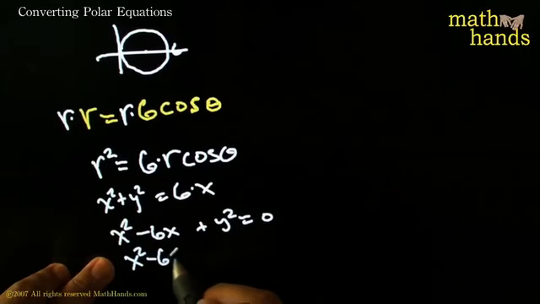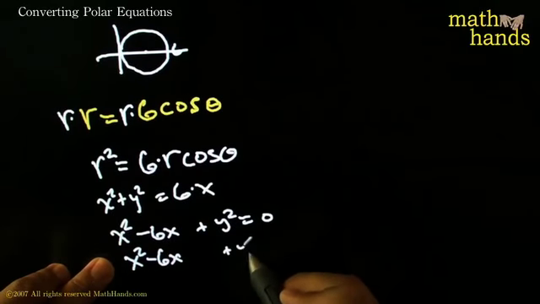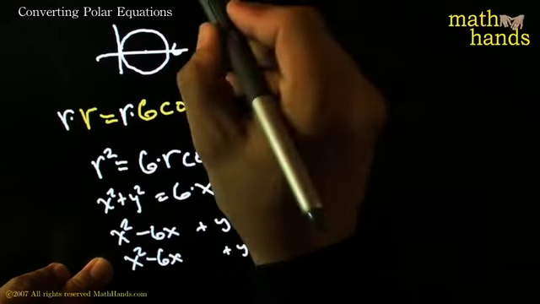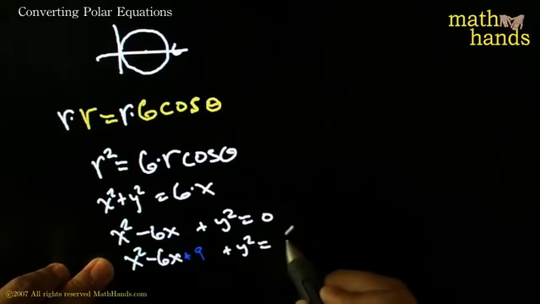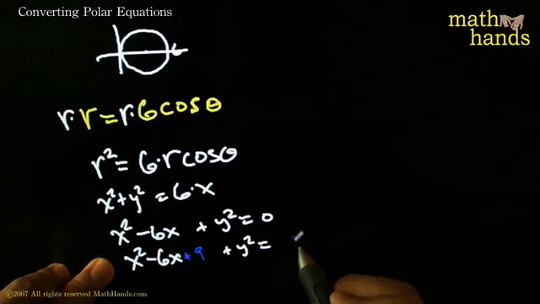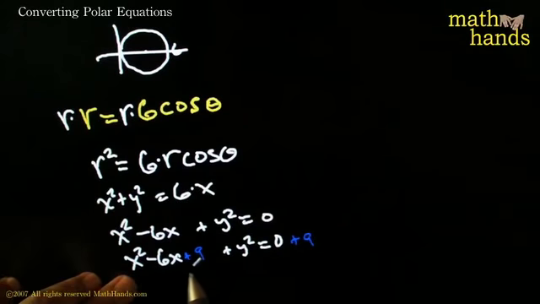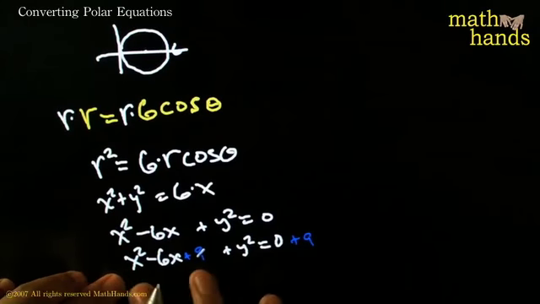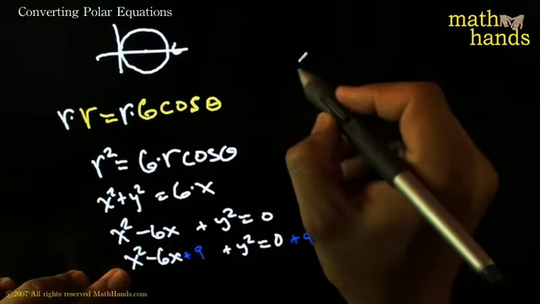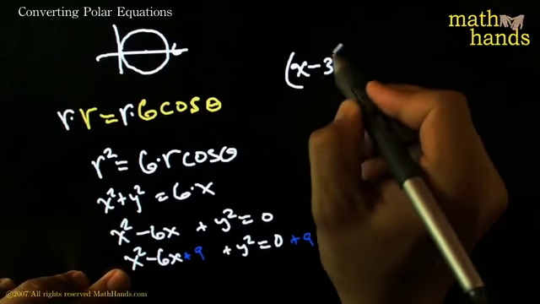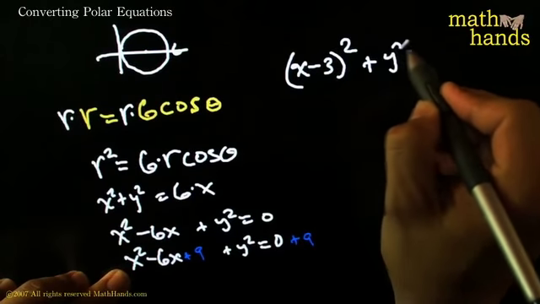So you've got x squared minus 6x plus y squared equal to, let's add a 9 here and add a 9 here. It's legal to add the same number to both sides, and that completes the square on the left side. That gives you that x minus 3, the quantity squared, plus y squared is equal to 9.